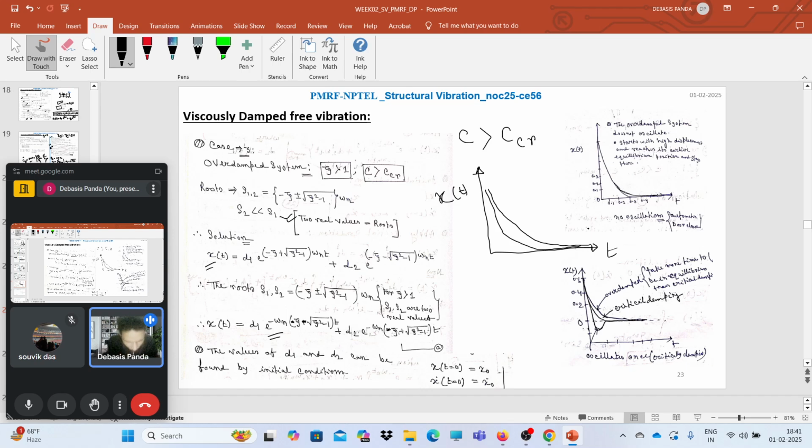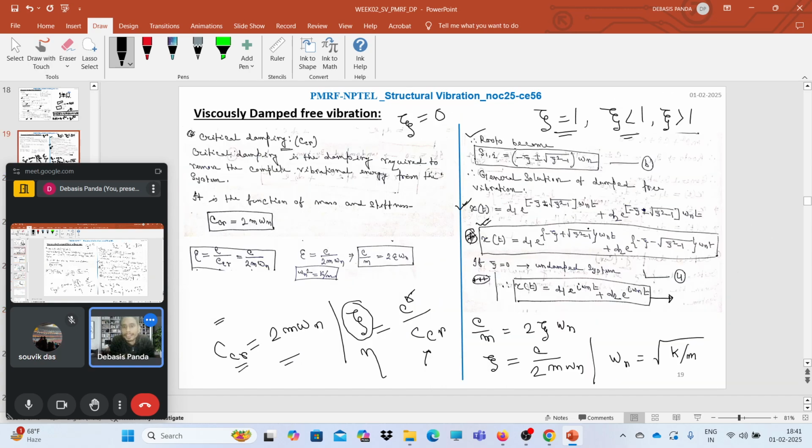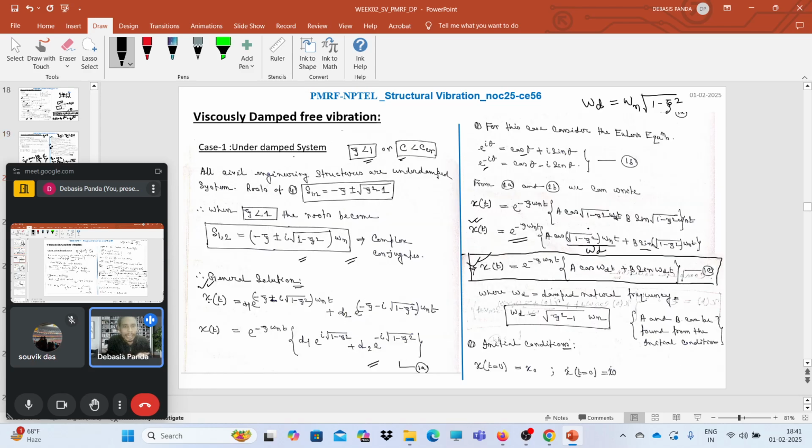So here, for the damped free vibration case, we have seen there may be three cases depending on the damping ratio. First case, where the damping ratio is less than 1. That means the damping present in the system, c, is less than the critical damping, where we have seen the final solution for the equation of motion looks like x(t) equals e to the power minus xi omega n t, an exponentially decaying curve, times a cos omega d t plus b sin omega d t.